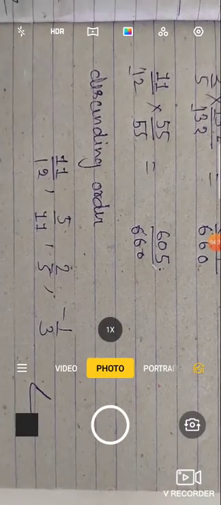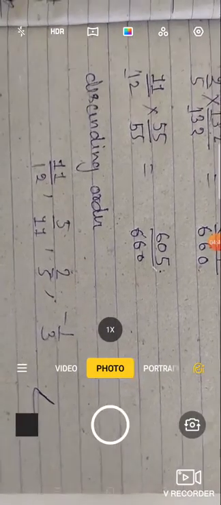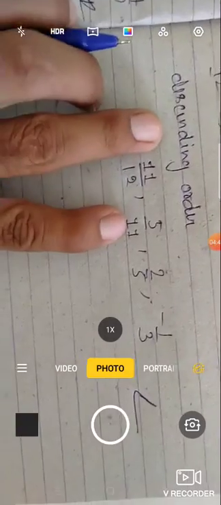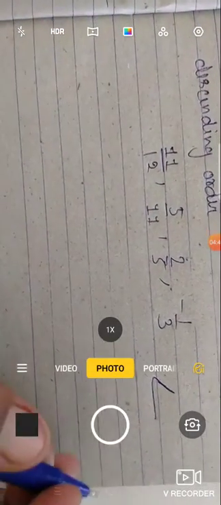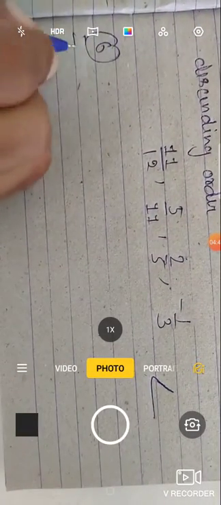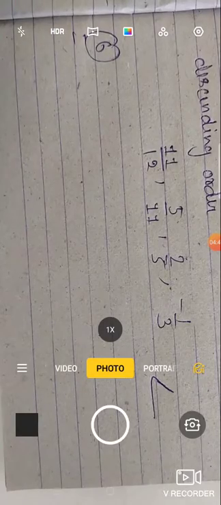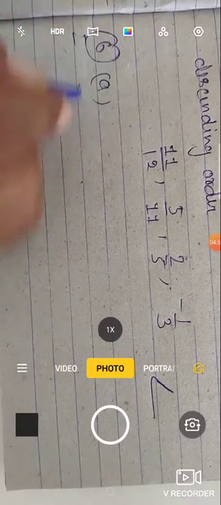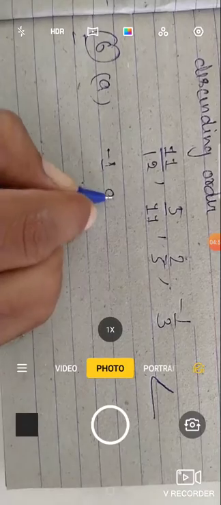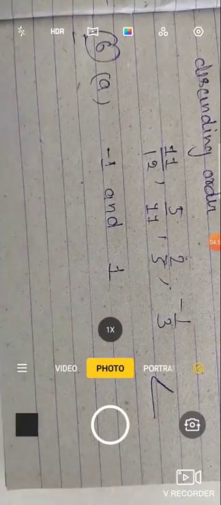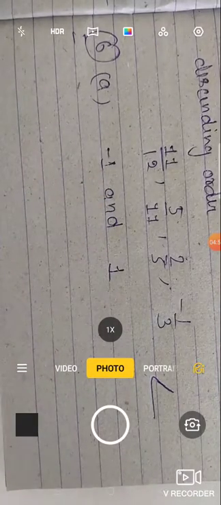Now dear students, look at question number 6. How will we solve question number 6? Question number 6 says write 3 rational numbers between 6a, minus 1 and 1. Minus 1 and 1.